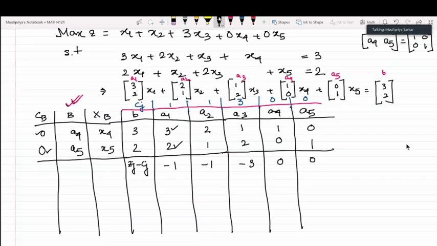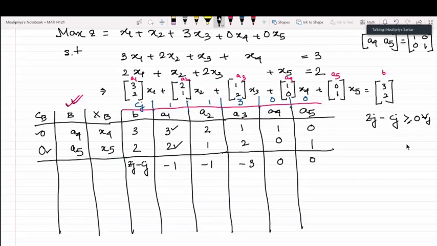Now, how do we calculate the departing vector? Prior to that, do you remember the condition for the simplex problem to have an optimal solution? When are we going to stop and say that we have got the optimal solution? The condition for optimality is Zj minus Cj has to be greater than or equal to 0 for all j.